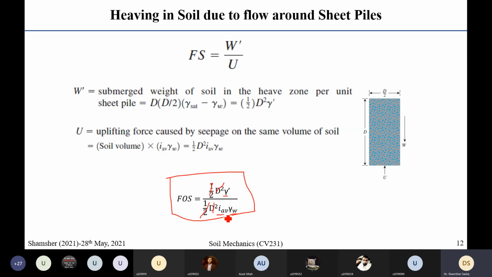I critical, sir. Very good. So it means that factor of safety will become the function of the hydraulic gradient, and that is I critical divided by I average. So you can understand how we derive the equation of the factor of safety for the sheet pile.